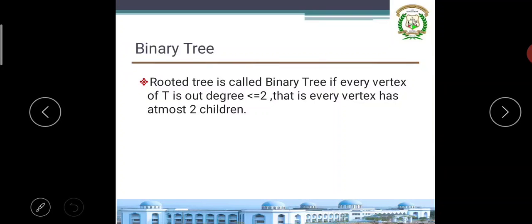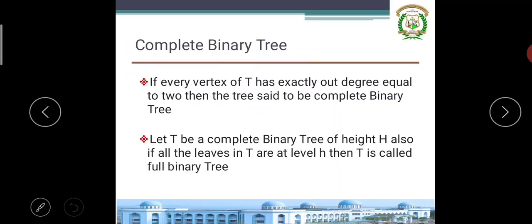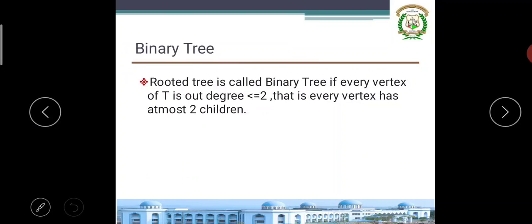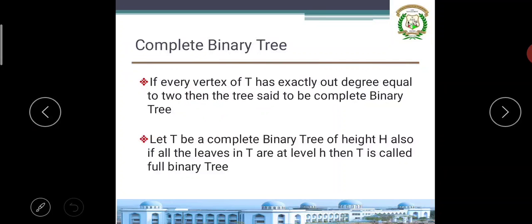Next, concentrate on the binary tree. What is a binary tree? A rooted tree is called a binary tree if every vertex of T has out degree less than or equal to 2, not more than 2. That is, a vertex has at most two children.